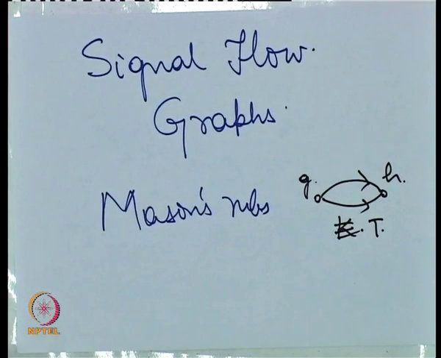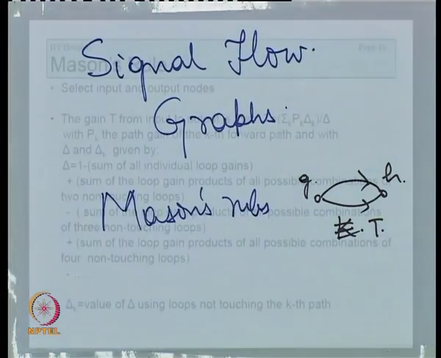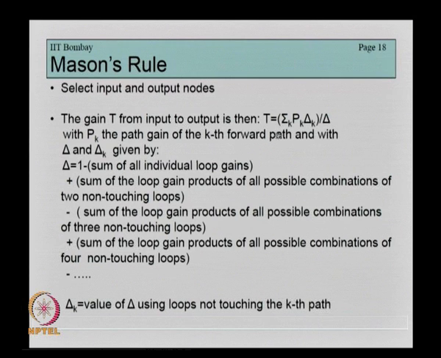Then the gain T can be given by a formula, as shown here. So this T will be equal to sigma k, Pk delta k upon delta.